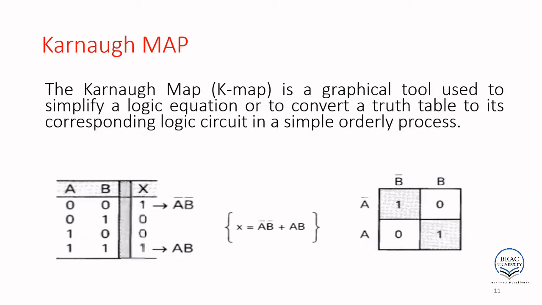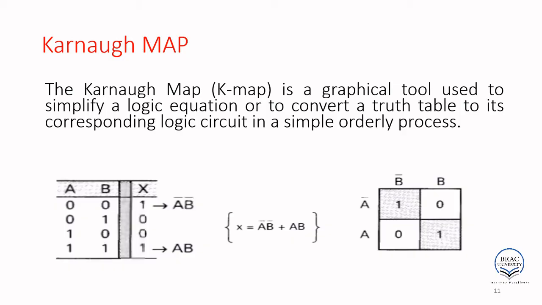So next is the K-map. The Karnaugh map is known as K-map. It is a graphical tool used to simplify a logic equation or to convert a truth table to its corresponding logic circuit in a simple, orderly process. Like we have given this truth table. So 0 0 is high and 1 1 is high.